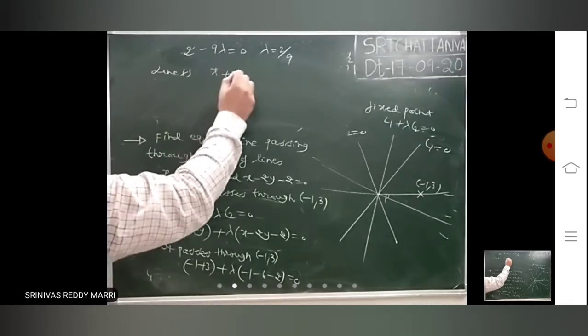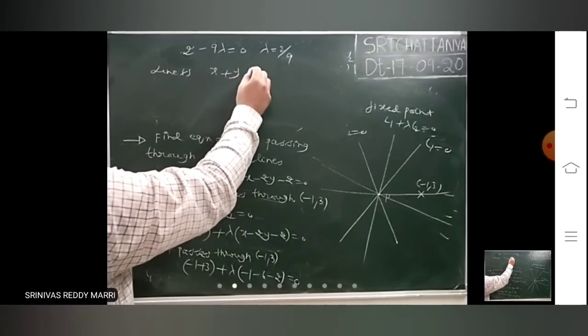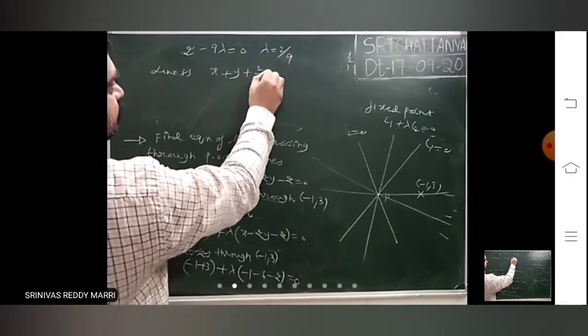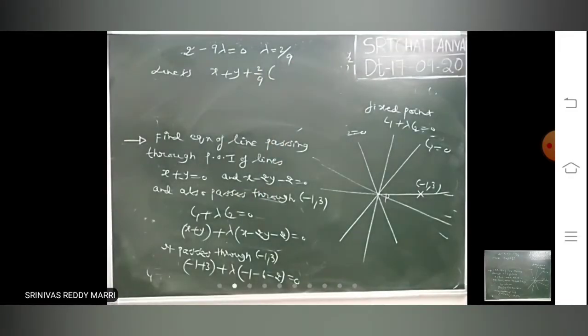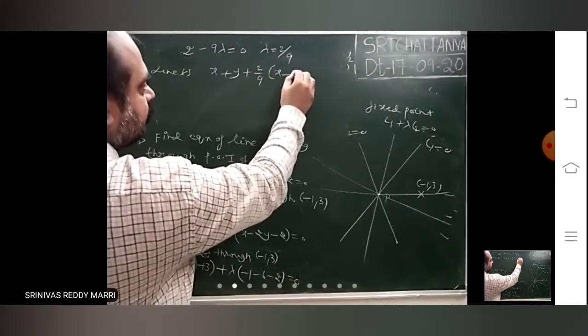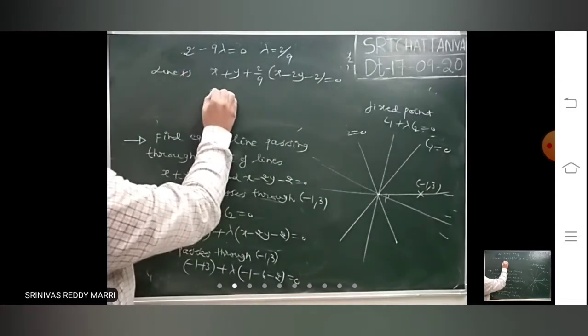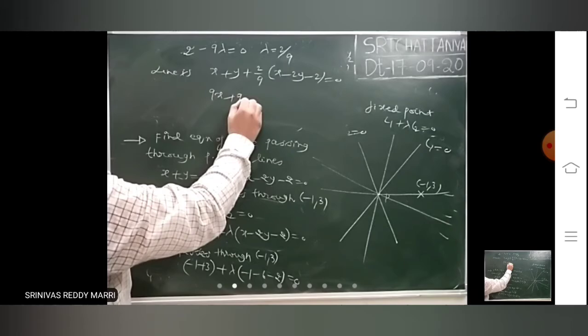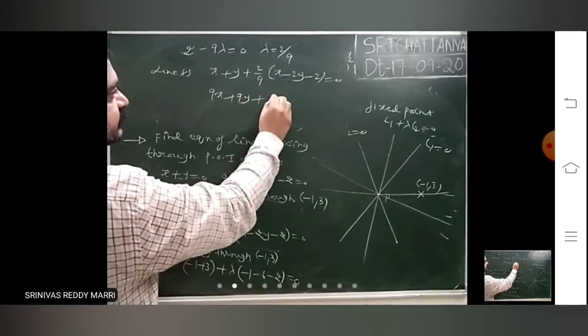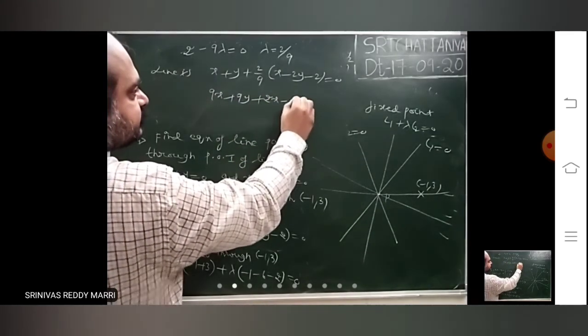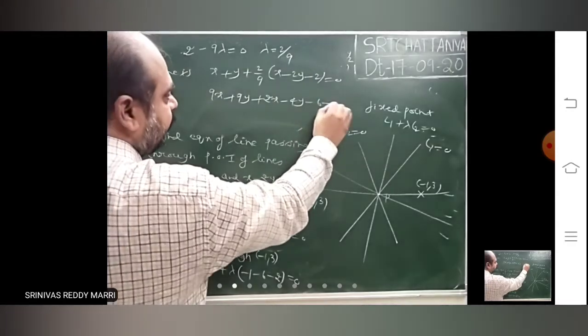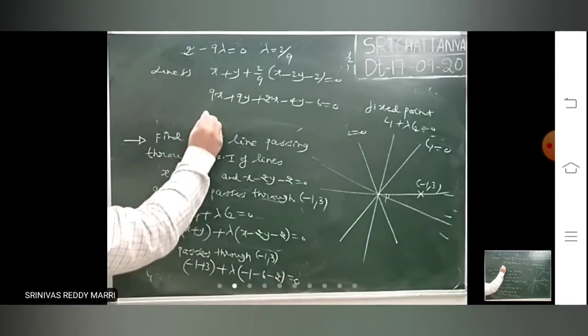Required line is x plus y plus 2 by 9 into here. So therefore required line is nothing but 9x plus 9y plus 2x plus 4y minus 6 equal to 0.